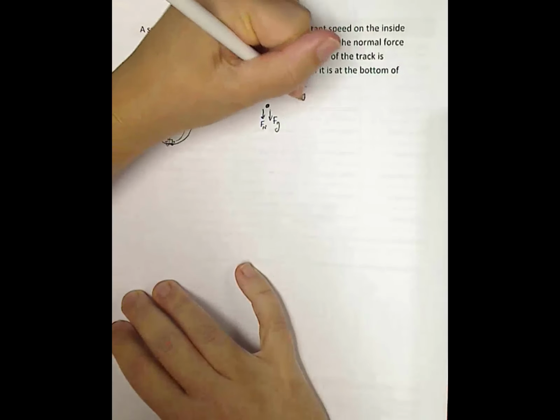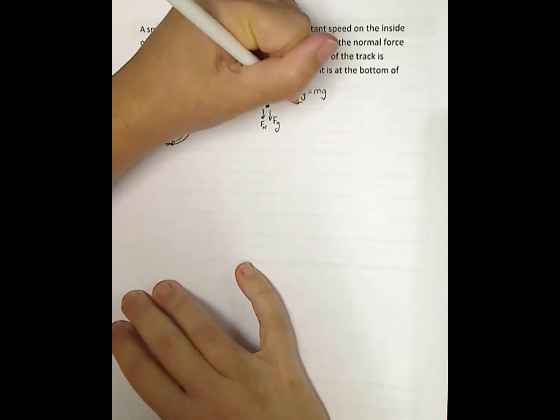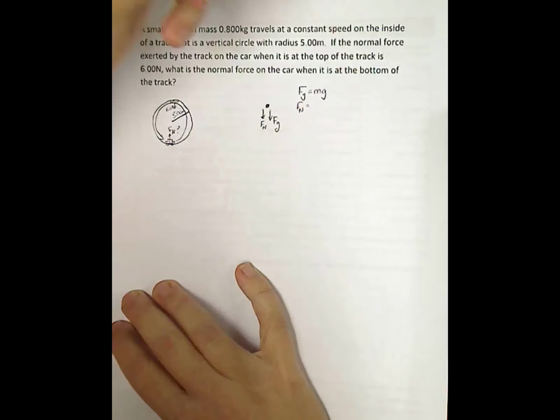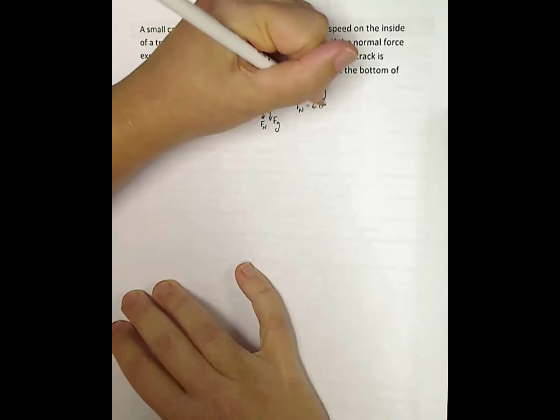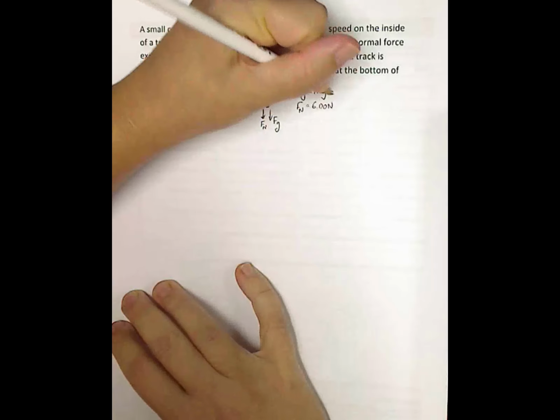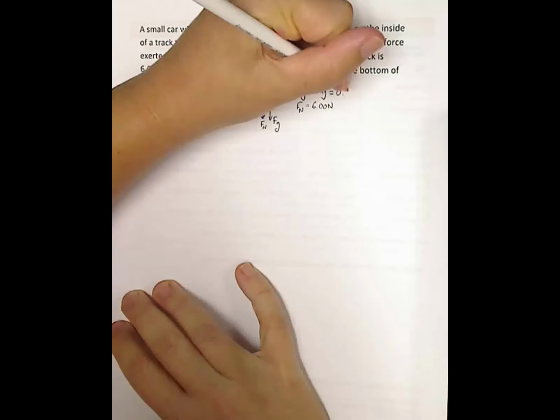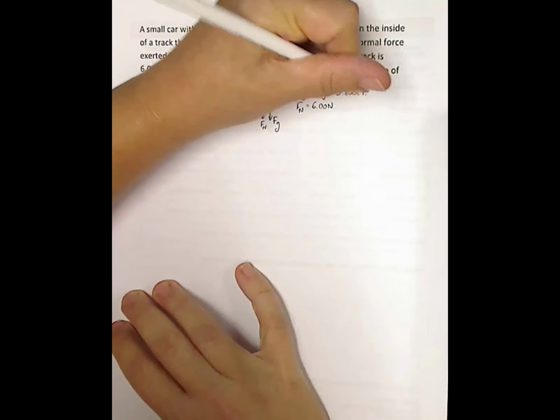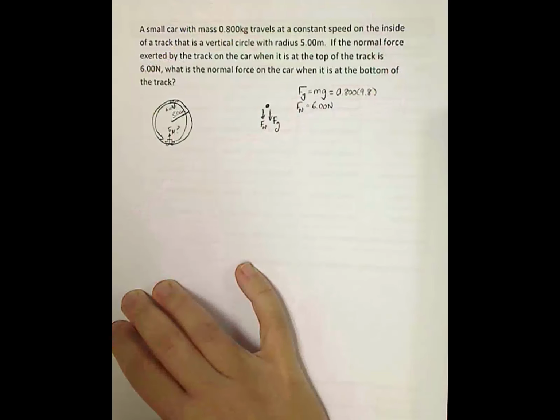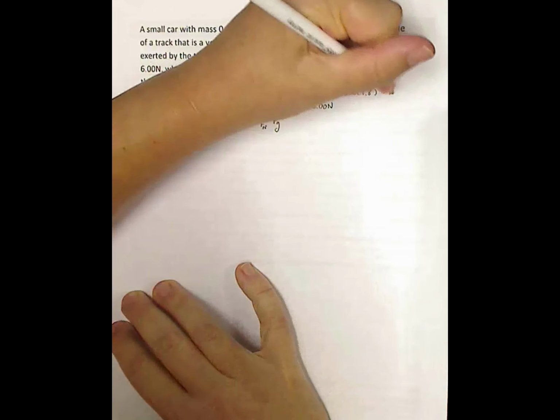The force of gravity is mg, and my normal force, I'm told, is 6.00 newtons. I can calculate what my force of gravity is because I know the mass, 0.800 times 9.8 is 7.84 newtons.